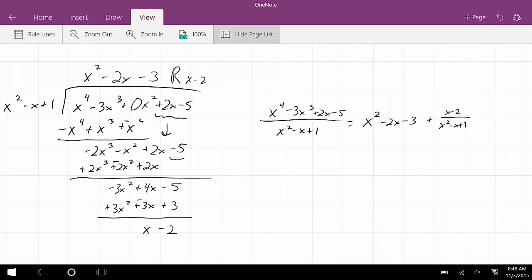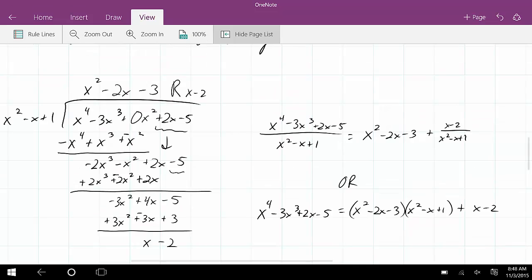Okay, so this is one way to write it, or you could say that the dividend, which is x to the power 4 minus 3x cubed plus 2x minus 5, is equal to the quotient, which is x squared minus 2x minus 3, times the divisor, which was x squared minus x plus 1, plus the remainder, which is x minus 2.